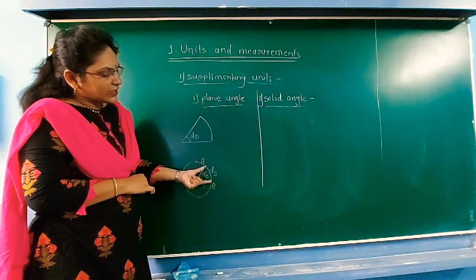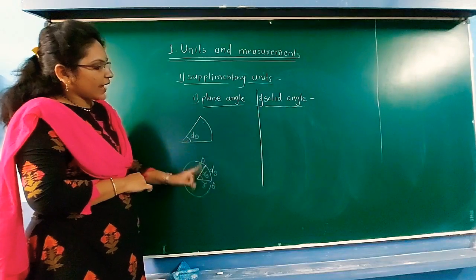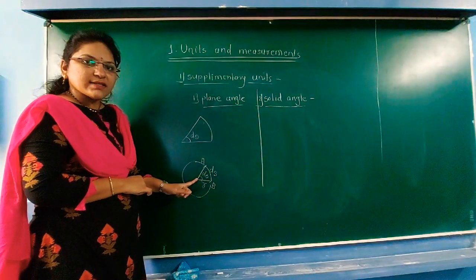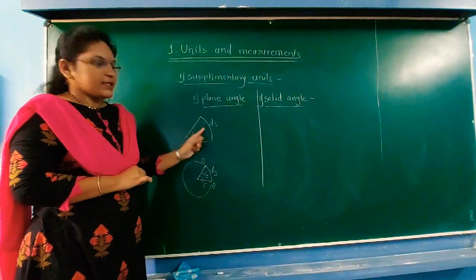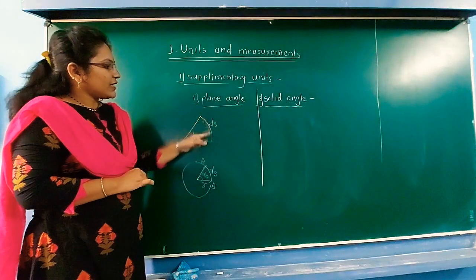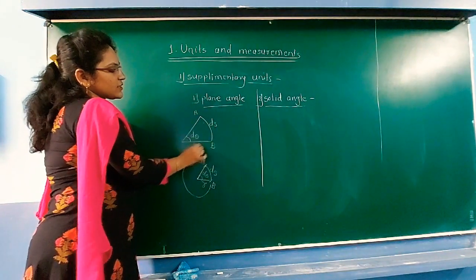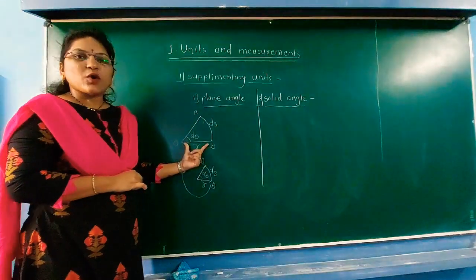If we take only this part, d theta is the angle made by this arc at the center of the circle. ds is the length of the arc AB, and OB or OA is the radius of the circle.